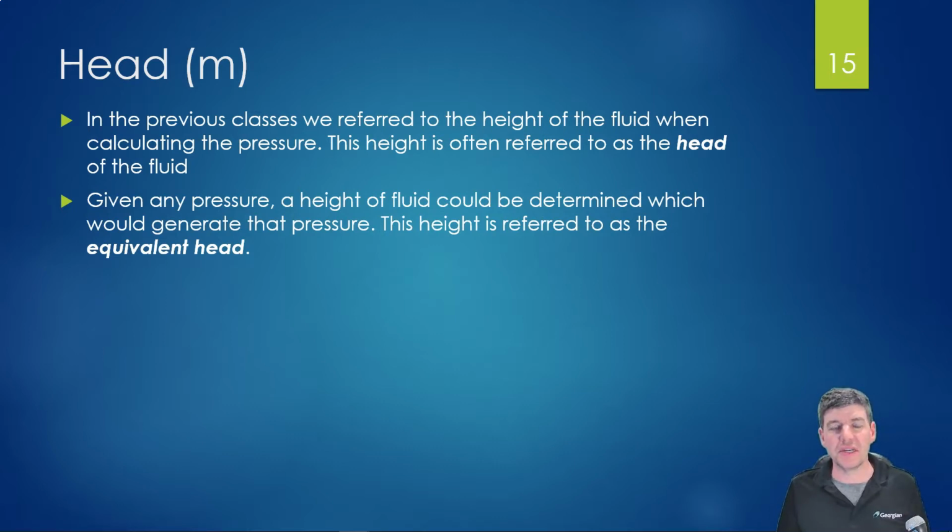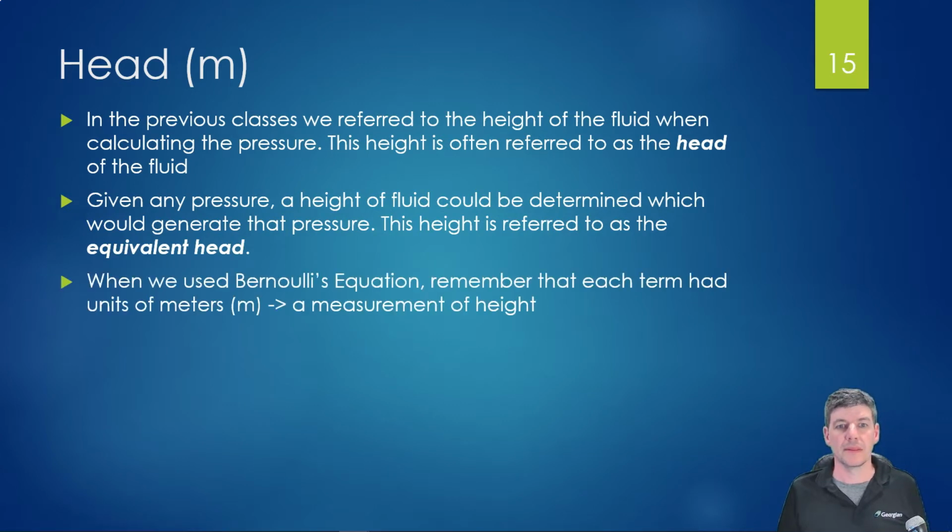We saw an equivalent head, right? So when we did some of our labs, we had columns of water and those represented different levels of energy inside of the fluids. And we could visually represent losses of energy as those columns tended to change in height. We also have introduced Bernoulli's equation, right?